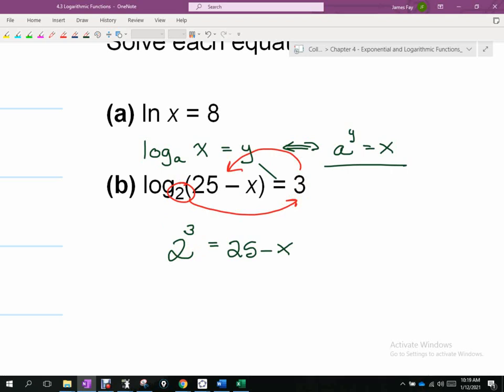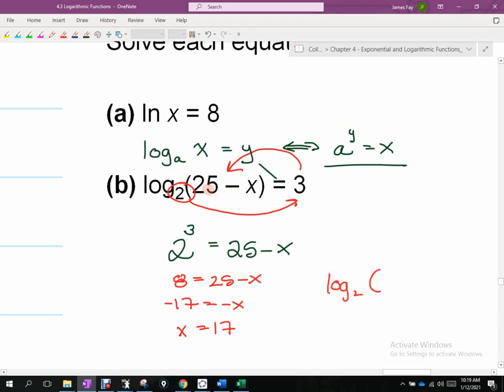So now do you see that kind of broke that 25 minus x out of that argument? And now we're going to solve for x. We get x to be 17. Is that okay with everybody? If x is 17, I'm just going to check real quick.